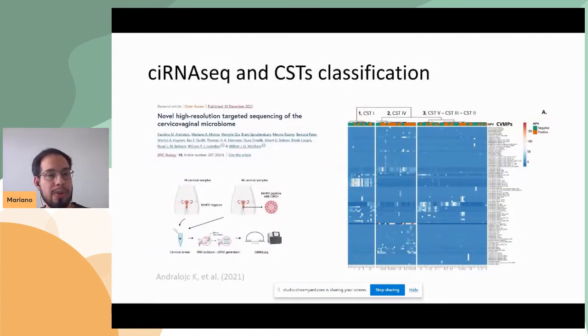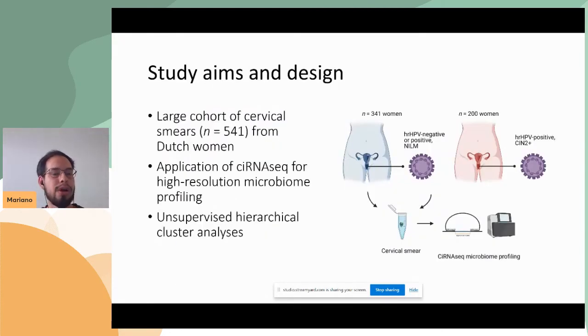So in this study, we validated ciRNAseq. We also looked at the association of CSTs with HPV infection, and there we found the potential of the technology to classify CSTs. We therefore wondered whether by applying high-resolution microbiome profiling, we would be able to classify the classical CSTs and perhaps discover new CSTs.